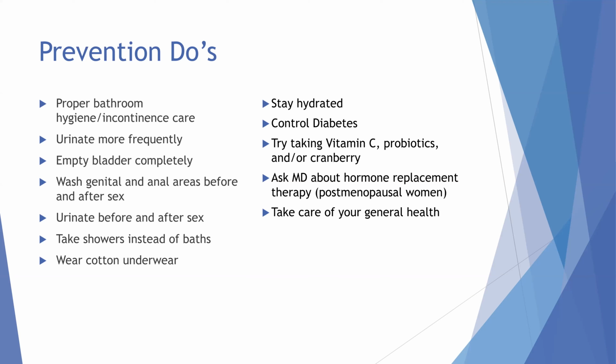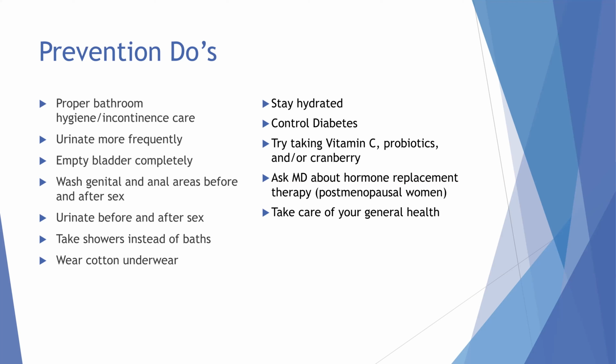Take showers instead of baths, and wear cotton underwear that is breathable. It doesn't hold a lot of moisture and heat inside, because bacteria love anything that's moist and hot. Stay hydrated, make sure they're drinking lots and lots of water. 64 ounces a day is kind of the average recommendation, so that's eight 8-ounce glasses.